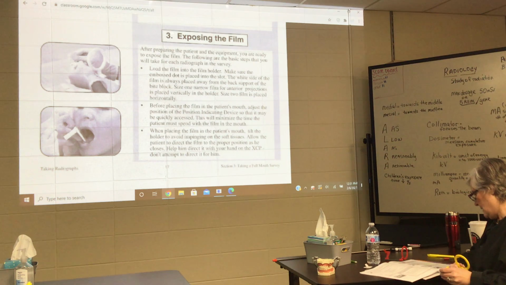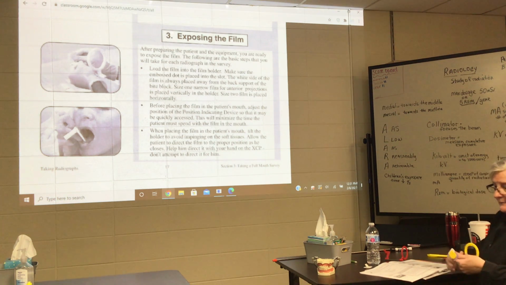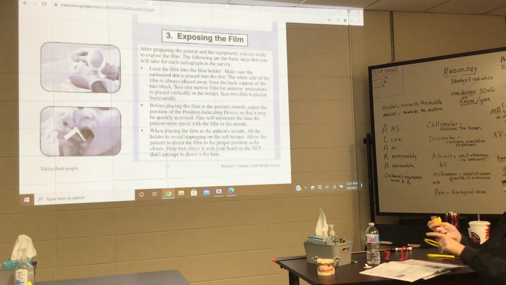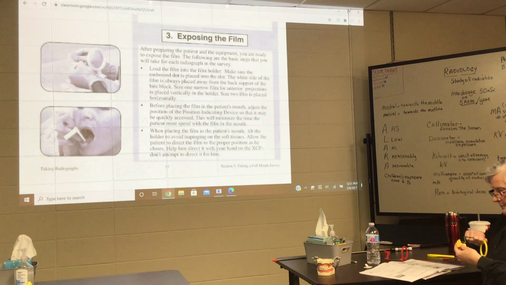Does it matter if it's on the left or, oh, I guess it goes towards the light. It'll automatically happen. You're going to put the dot in the slot with the white facing towards you, or towards the circle. You're going to have to learn to put these together too.